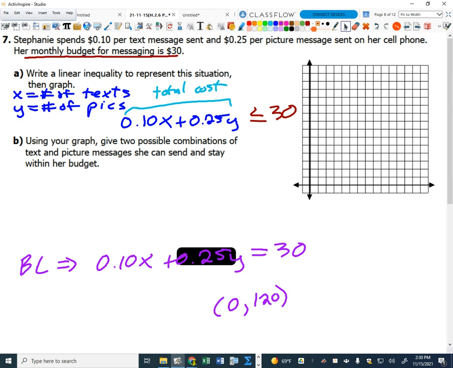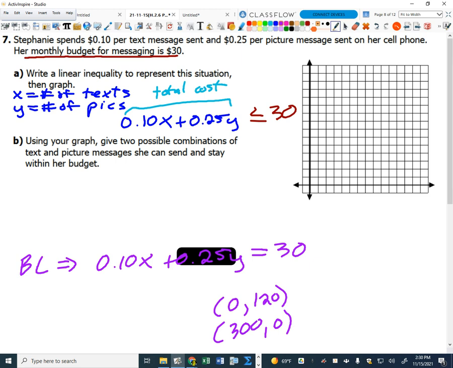There you go. I could multiply by 10 to move that decimal point one place. And so the other intercept is going to be at 300, 0.